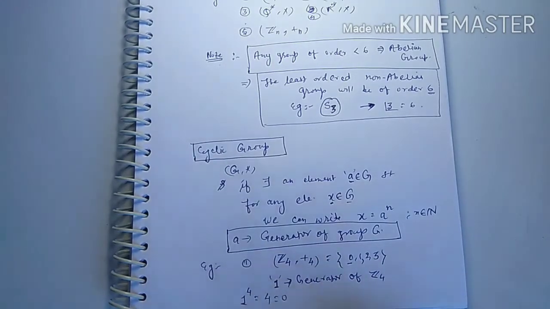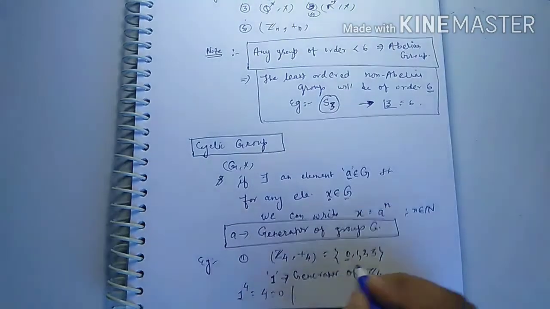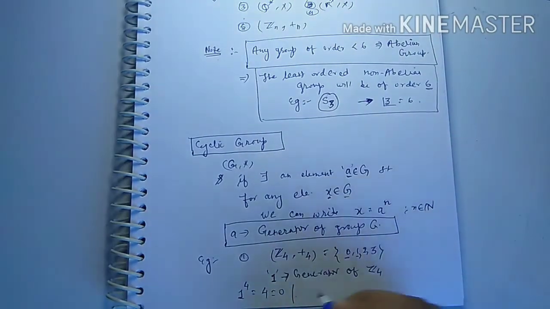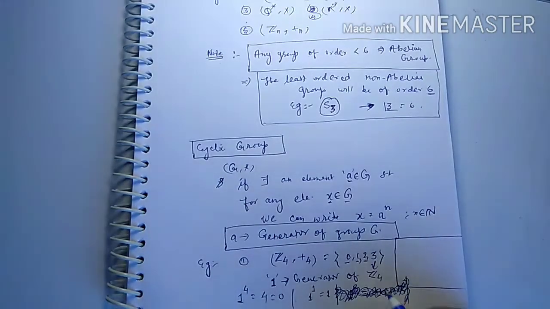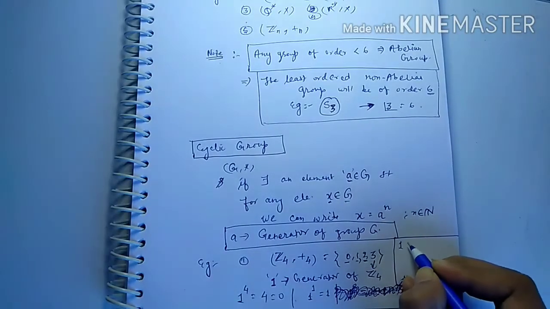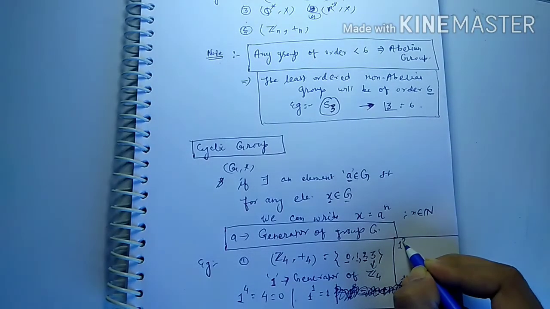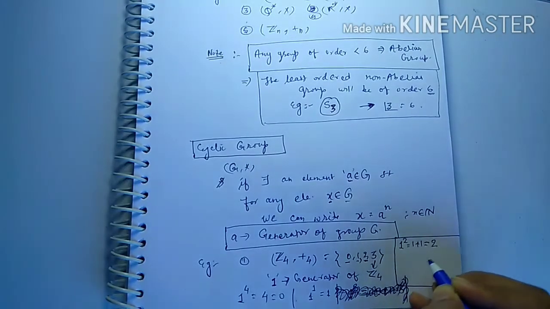in this group. So we can generate the first element 0, and if we want to generate the element 1, it is 1 raised to the power 1, equal to 1. Now if we want to generate the third element 2, then we can write it as 1 raised to the power 2, that is 1 plus 1, 2 times, and that is 2.